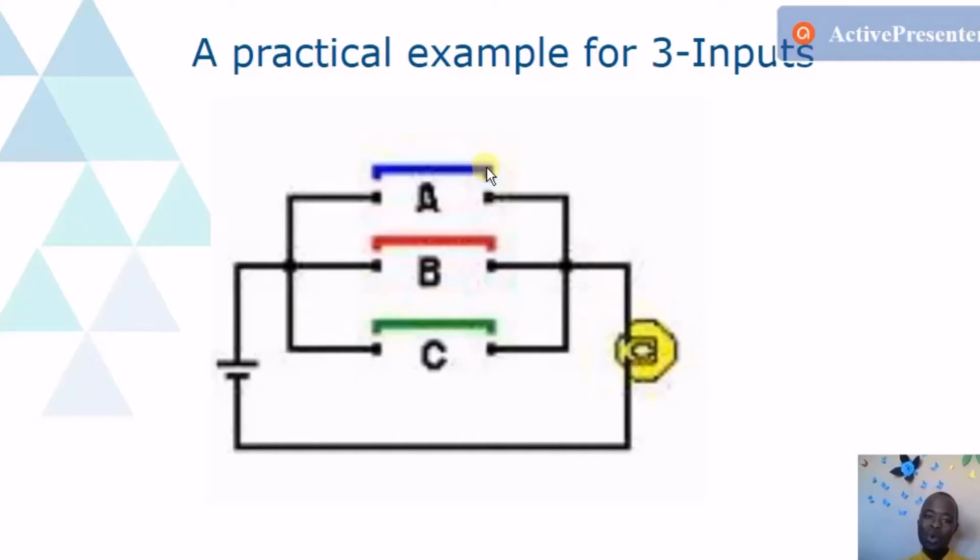But when one of these switches or inputs is closed, meaning you have light here. If this is closed, then you have light here. Even though this is open and this is open, you still have light here.